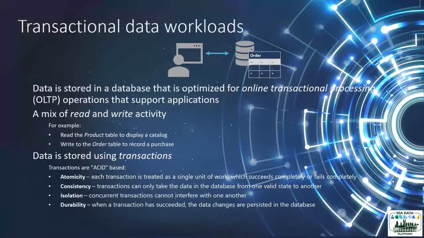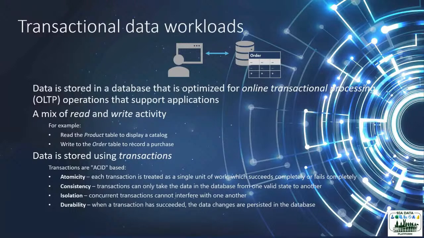Okay, transactional data workload. Data is stored in a database that is optimized for online transactions, because sometimes the way we save on premises is different from the way data is saved online. What I mean by on prem is within your local server.